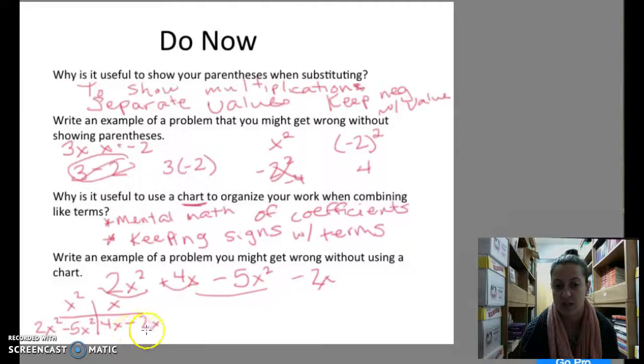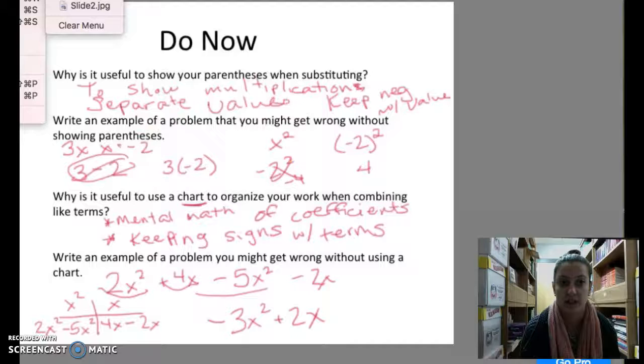It's a lot easier if you put it in a chart to see that you're not accidentally adding the x squared to the x's, and to make sure that you have all of the pieces, +2x. You've got all the signs together, and you've got the right signs for the end.